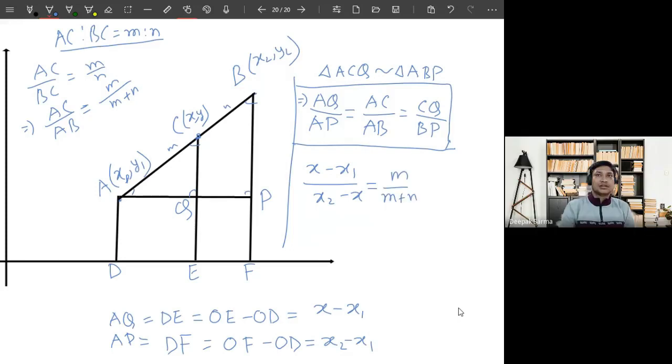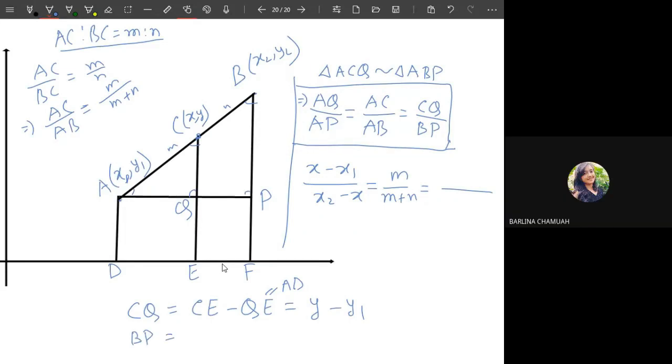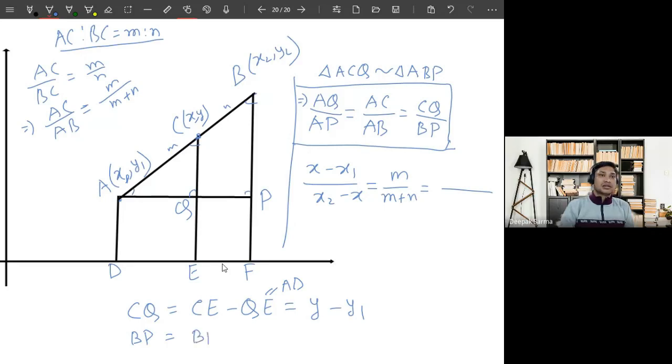Now similarly, somehow I have to find CQ by BP. CQ is nothing but CE minus QE. What is CE? It is Y. What is QE? QE is the same as AD, it is Y1. Similarly, what is BP? BP is BF minus EF.